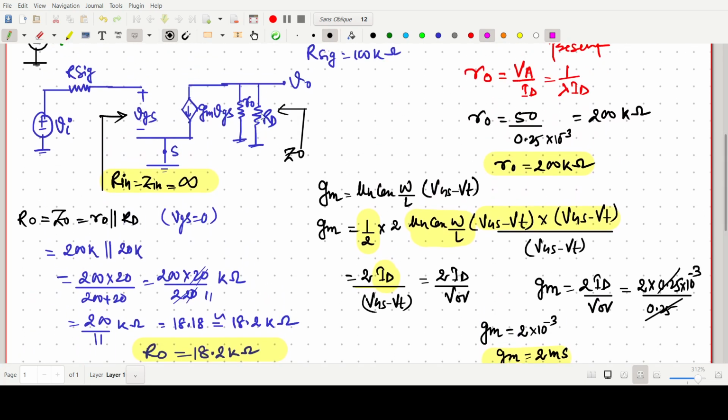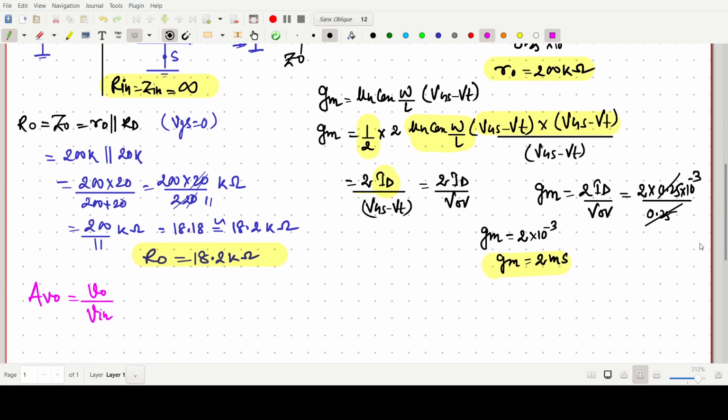So now these two are in parallel. Okay, so V0 value, because once again, this one is there, r0 and RD in parallel, and we are taking output, and some current is flowing like this, gm VGS. So this one will be simply minus gm VGS.